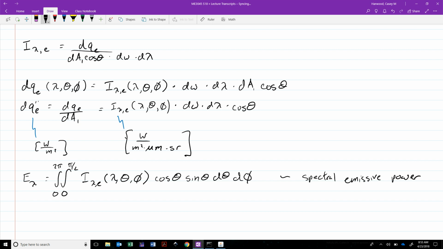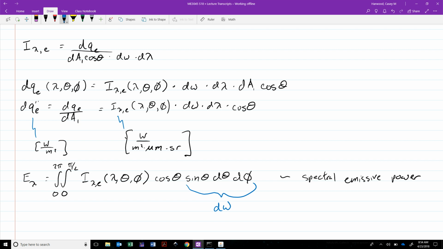Let's talk about what's going on here. These differentials, sine theta d theta d phi, remember from our earlier sketch of the spherical coordinate system, this is actually just d omega. So this is a little piece of a solid angle.